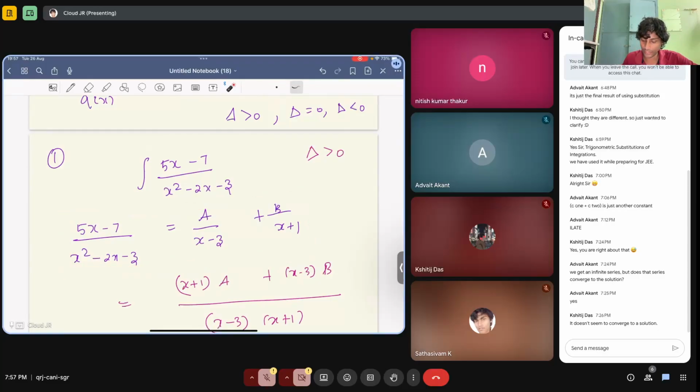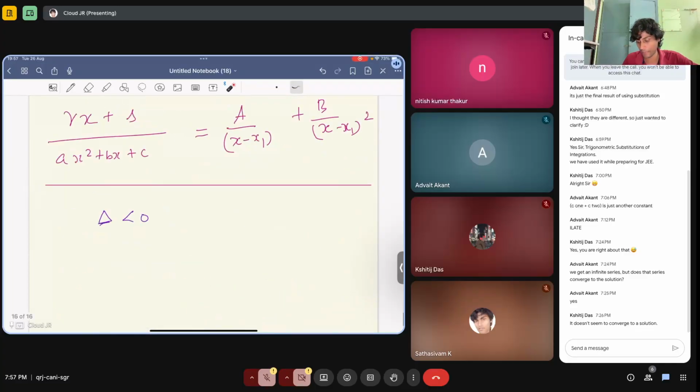Because the partial fraction depends on the fact that you have real roots, and your denominator can be broken down into a product of these two roots. If you don't have real roots, then you cannot use the partial fraction.